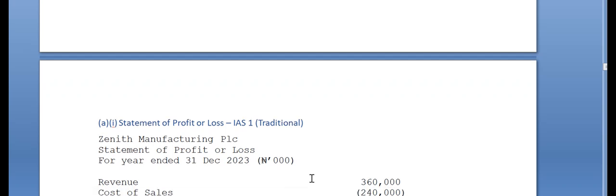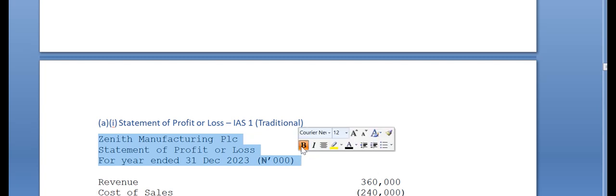So now let's go. In line with IAS 1, the traditional way, I told you, please always state the name. The name is Zenith Manufacturing PLC, statement of profit or loss for the year ended 31st December 2023.